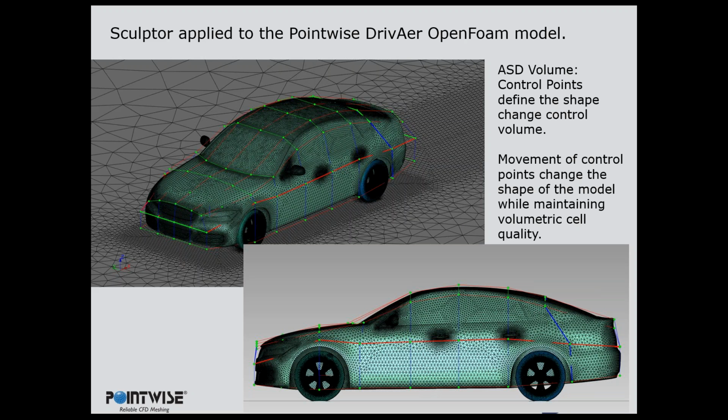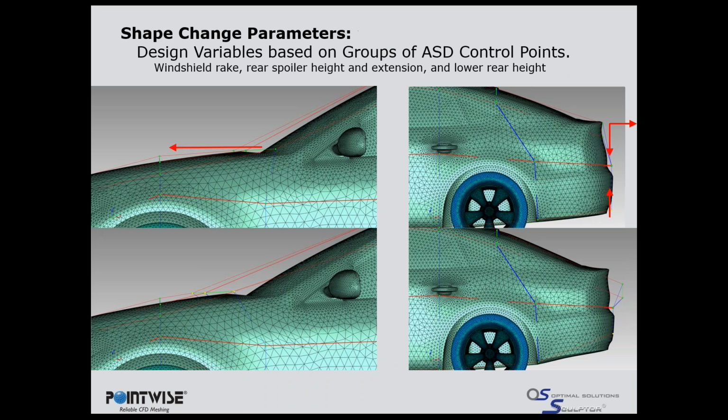Sculptor has many useful features in the GUI to make this very easy, so it doesn't become tedious to create the necessary control volume and group these control points together. The shape change parameters become the design variables that are based on the groups of ASD control points.